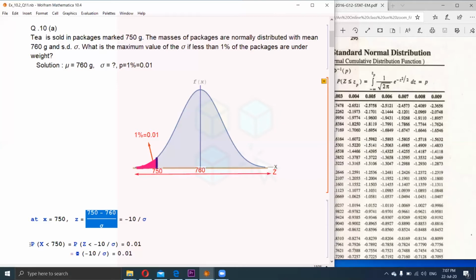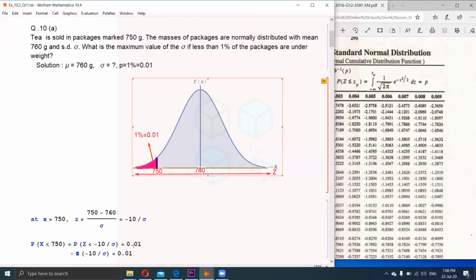So now we can find the probability x less than 750. The shaded area denoted by the pink color is now converted into the z statistic. You can see the z value is z less than minus 10 by sigma, and from the figure you can understand that this area is 1%.